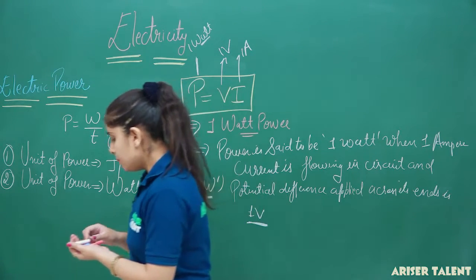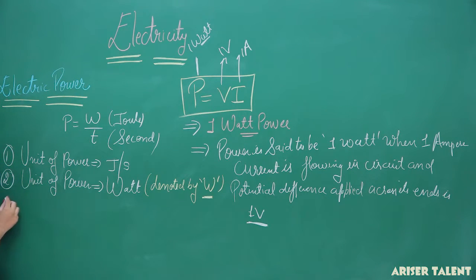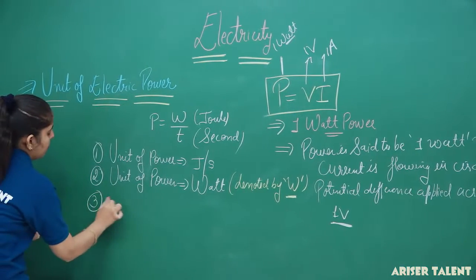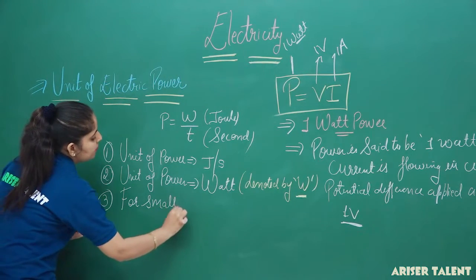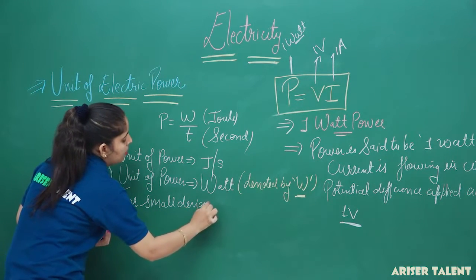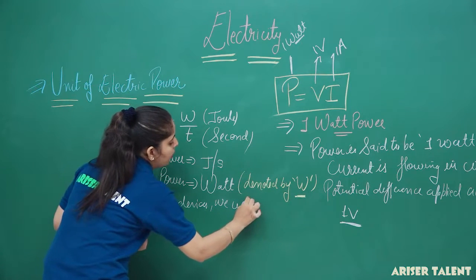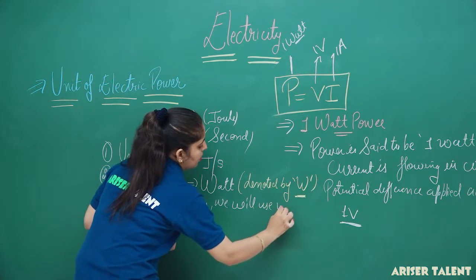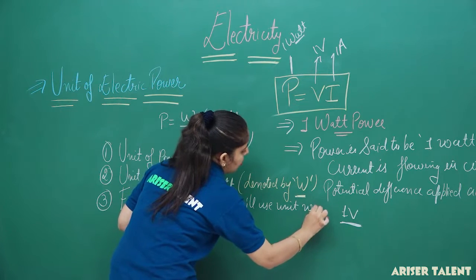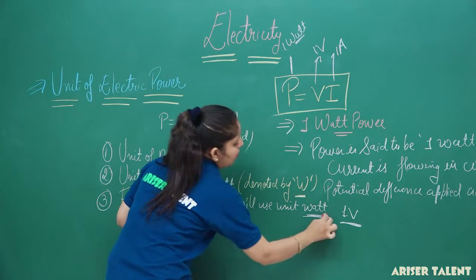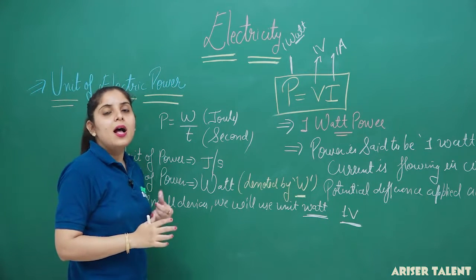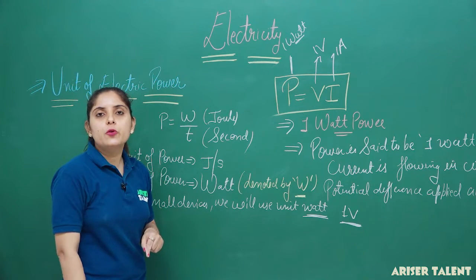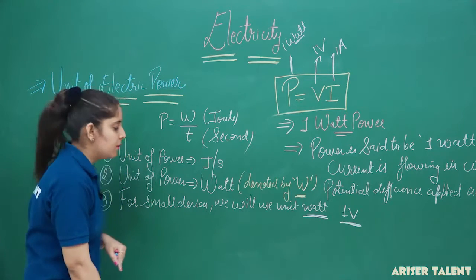So the third point will be: for small devices we will use the unit watt. But for the devices which have a high rating or high voltage devices, we will use the units kilowatt and megawatt.